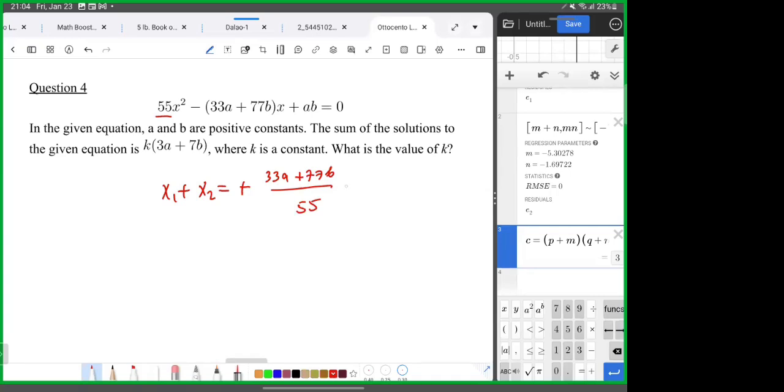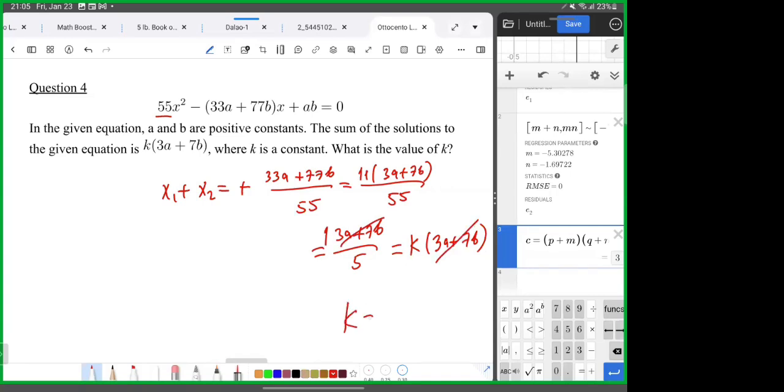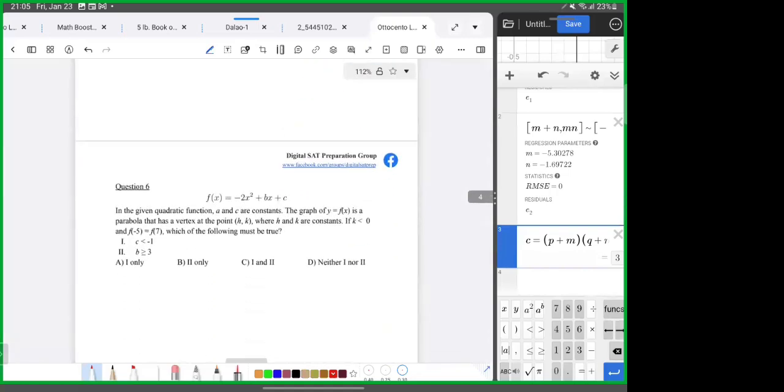Okay, if you factor out 11 from the bracket, you will find (3a plus 7b) divided by 5. So this is basically equal to k times (3a plus 7b). Now this one and this one just cancel. So it's 1. So k becomes 1 divided by 5. Vieta's theorem.